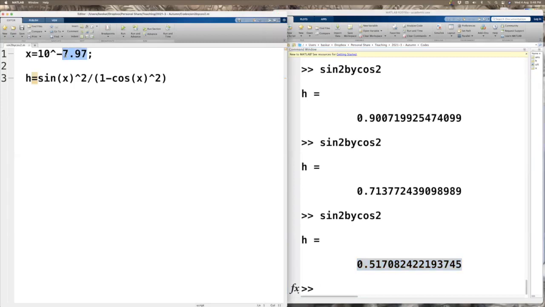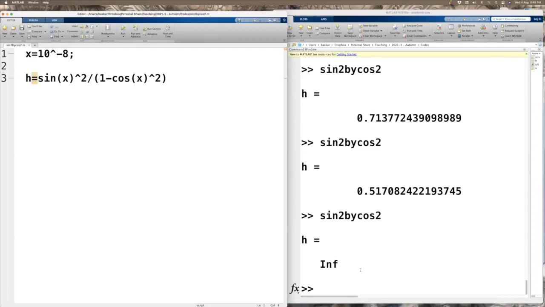Now, if I take 10 to the power of minus 8, I'm just computing using a single precision calculation, and therefore it just gives up completely and says the answer is infinity. That is because it just takes x as 0 and plugs it into the denominator and gets 1 minus cos 0, which is 1 minus 1, that is 0.